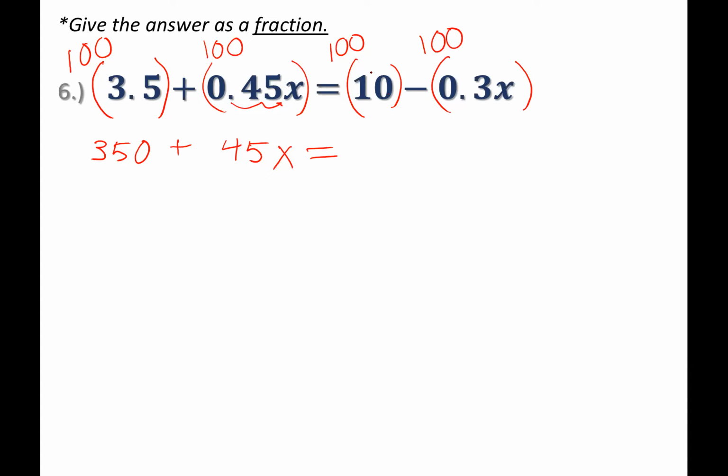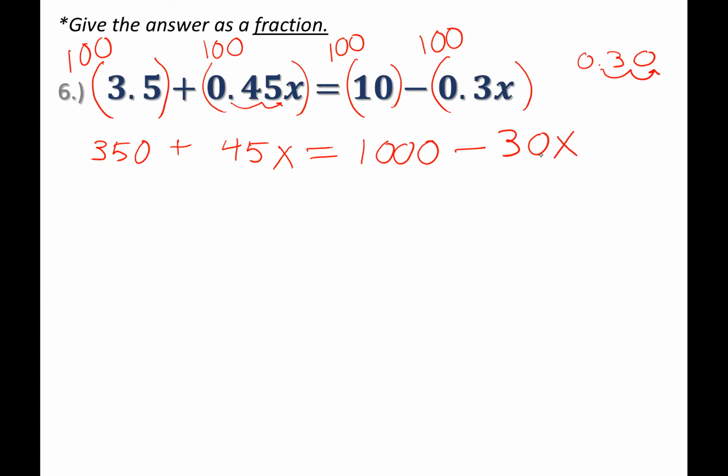So 10 times 100, that's going to be 1,000, minus 0.3 times 100, that becomes 30. Just off to the side here, as I'm moving the decimal twice, I'm kind of adding a 0 there. So that's minus 30x. So 350 plus 45x equals 1,000 minus 30x. So we've cleared the decimals.